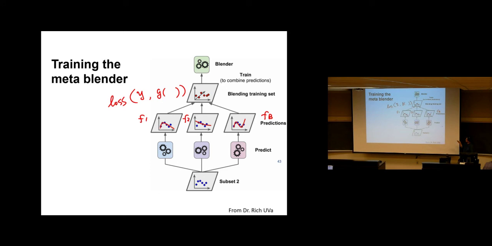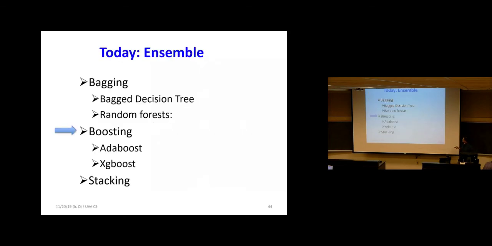That much smarter stacking approach is actually called boosting. It's exactly after the stacking I want to talk about it. It's next. All right, so now let's talk about boosting.